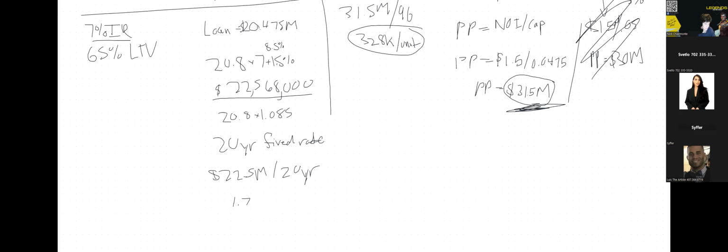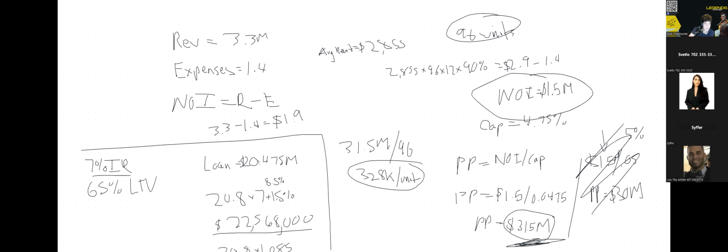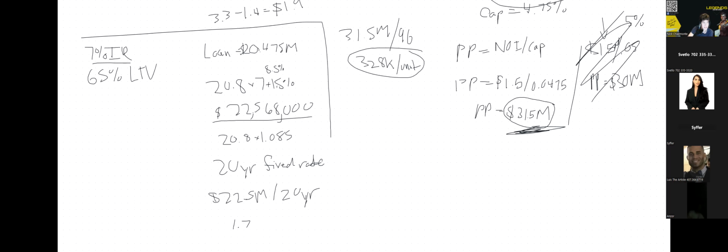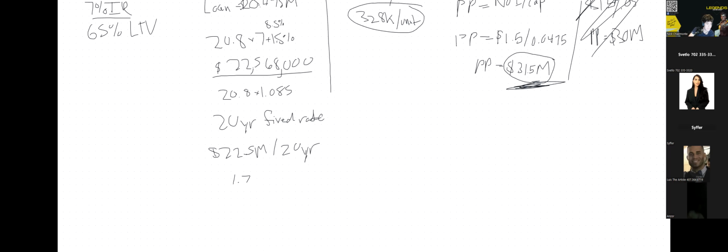So the total is 8.5%, so 1,740,375 will be the loan payment. And we compare that to the NOI, but that's already higher than the NOI. And is that over a 20-year period?